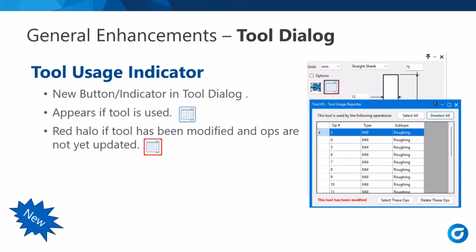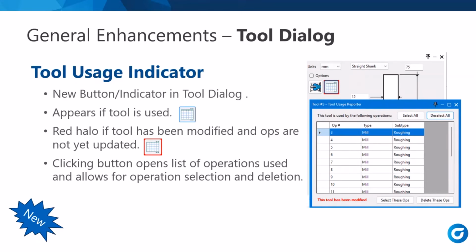We just want to let you know that hey, something here's changed. You better just make sure and be careful. So it's a great tool for doing that. And then if we click the button, it opens up a list of ops used. So if you want to know, okay, well, tool's been changed, but how many ops did I use this in? Instead of you manually going through the list, we'll show them for you.